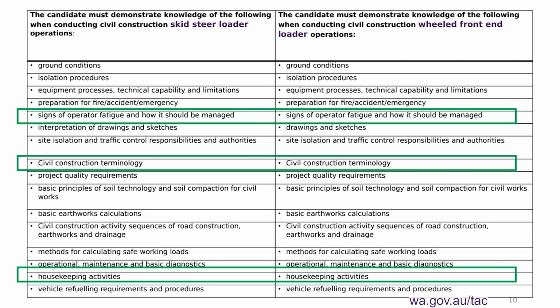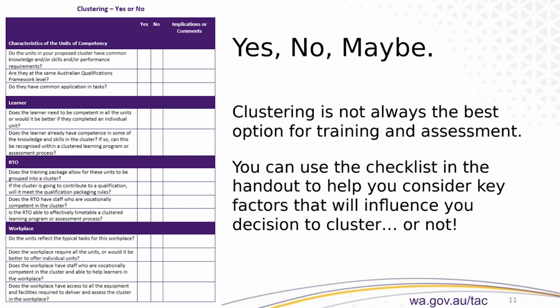As an RTO, what you're going to have to do is do this analysis of your units and figure out if it's right to actually cluster them. And we have a bit of a checklist to help you do that, and this has been provided to you as a handout.